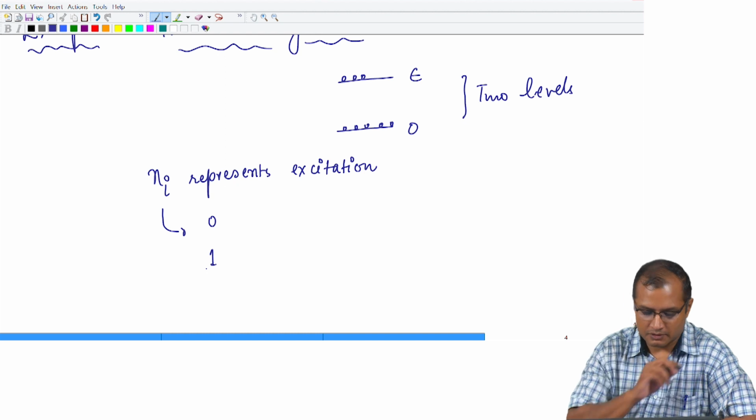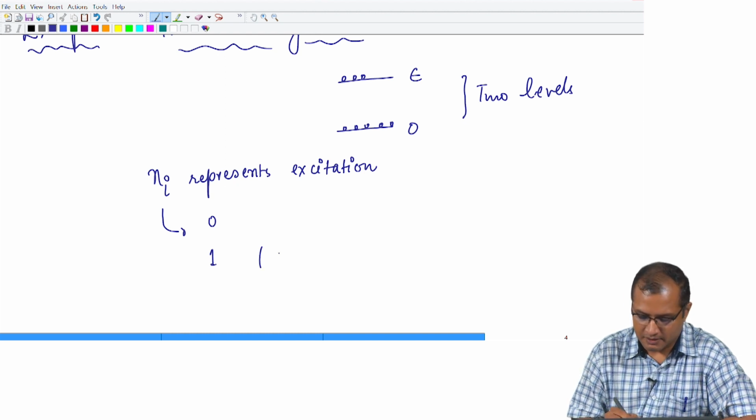So, 0 being it is in the ground state, and 1 being it is in the excited state.